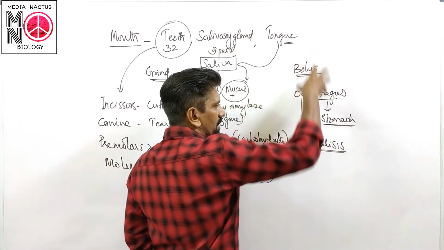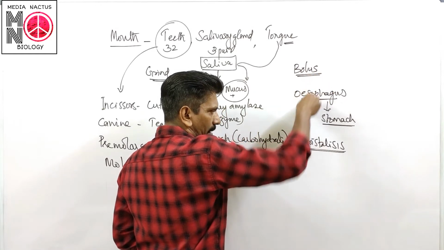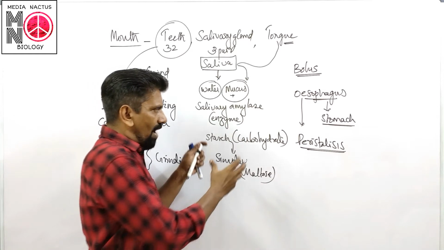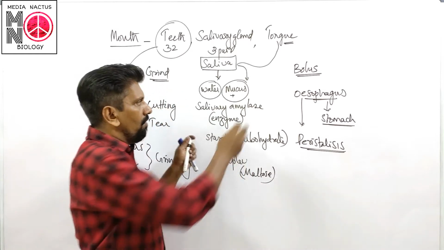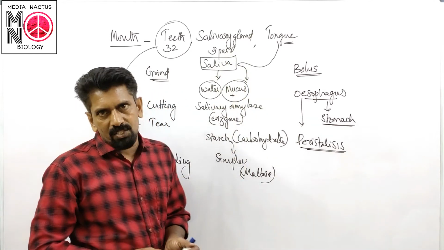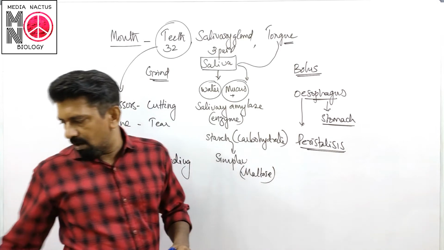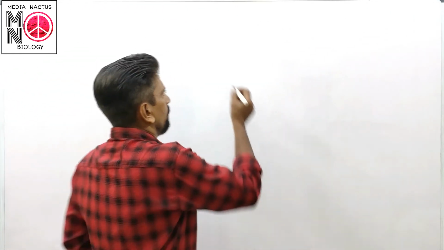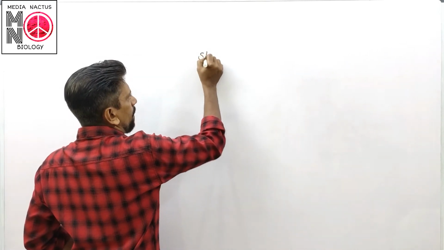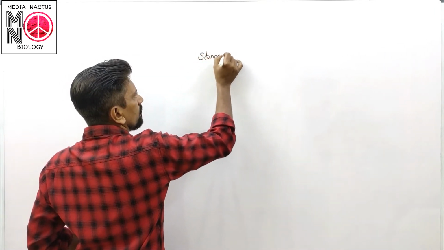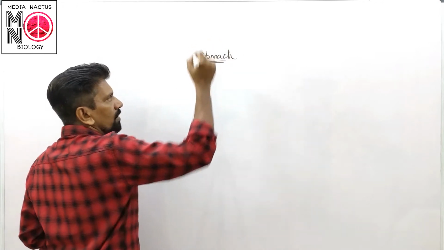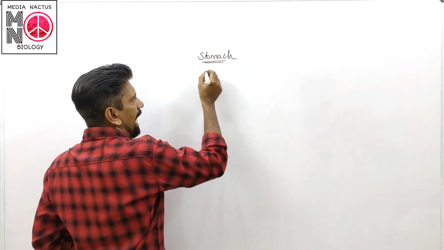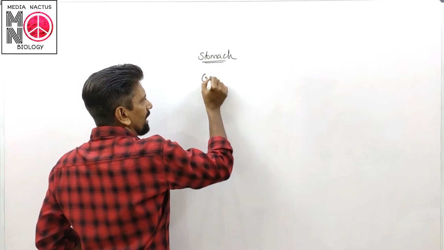So the bolus now passes through the esophagus toward the stomach. Now we may think about what happens to the bolus, and how the next conversion takes place. Food reaches the stomach. The stomach contains a special type of glands known as the gastric glands.